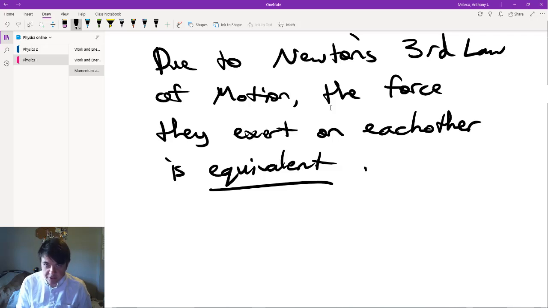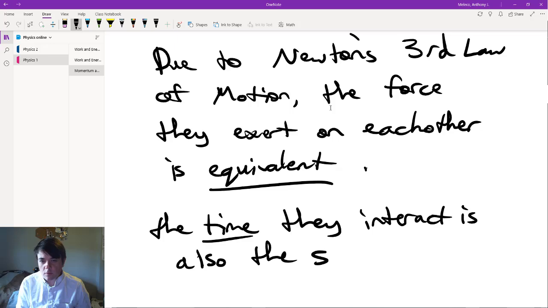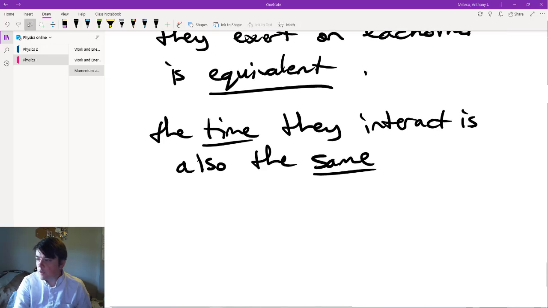And because it's a collision, the time that they interact is the same. It's not like the time changes for each object depending on the collision. So the time they interact is also the same.